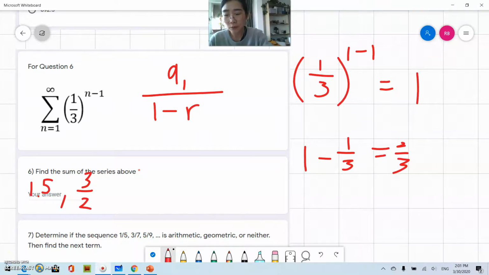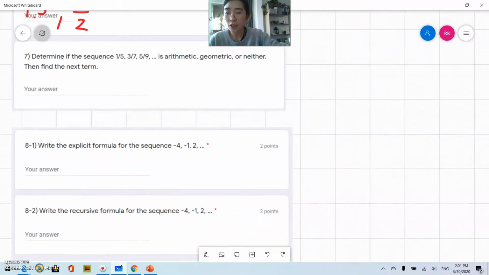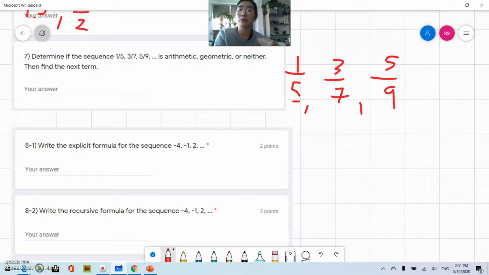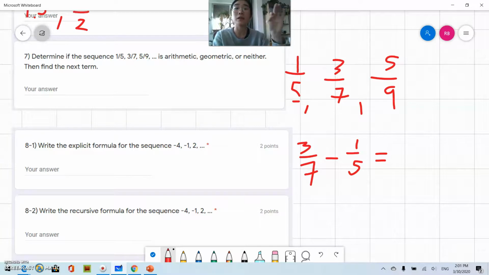Okay, so let's go to the next question. It says, determine if the sequence 1/5, 3/7, and 5/9 is arithmetic, geometric, or neither. So to check if this is arithmetic, we need to have a common difference. So to find common difference, you usually do 3 over 7 minus 1/5, and then find d, and then if you add that to the 3/7, and then if you get 5/9, then it's arithmetic.